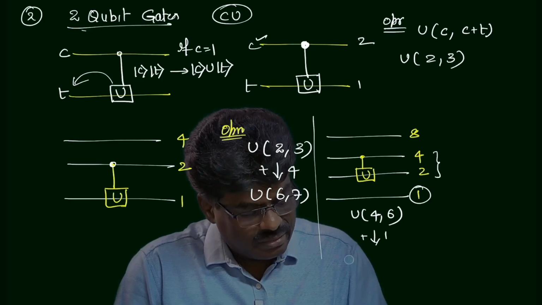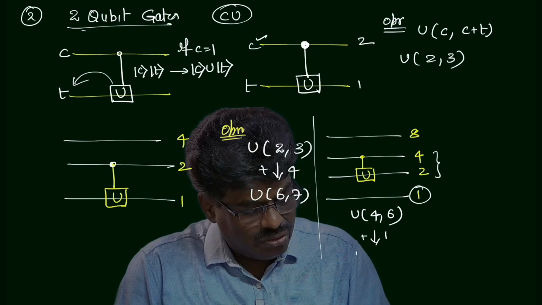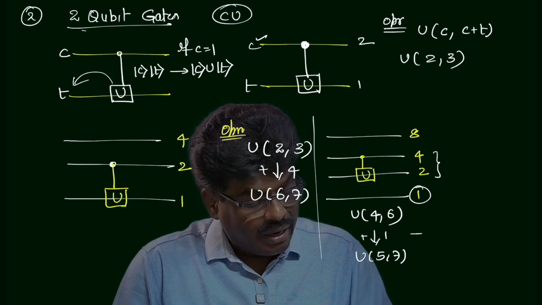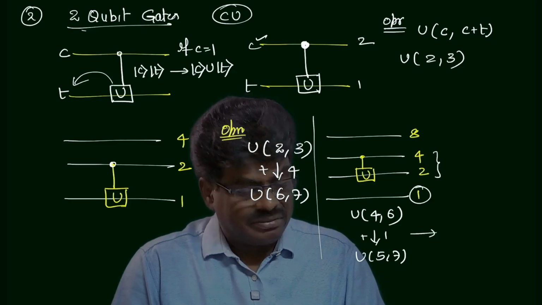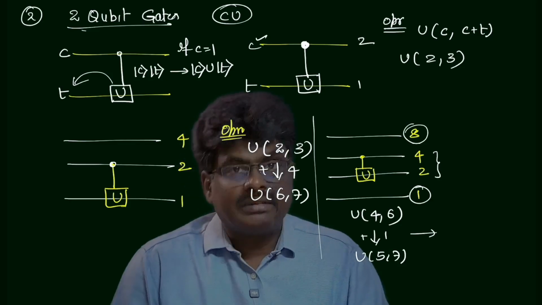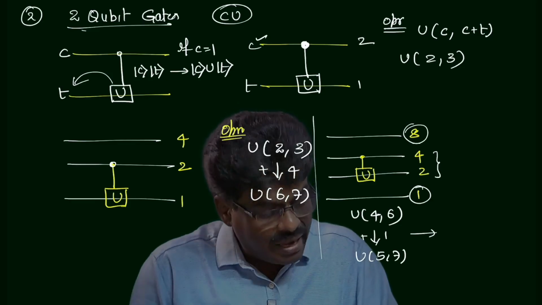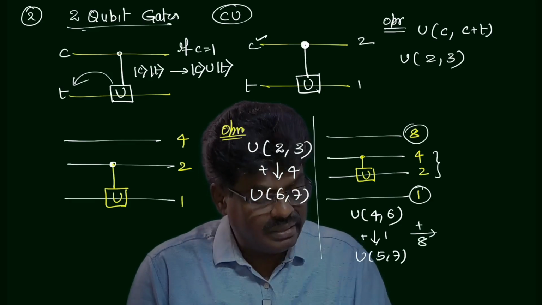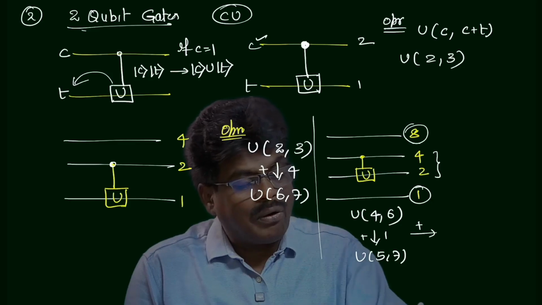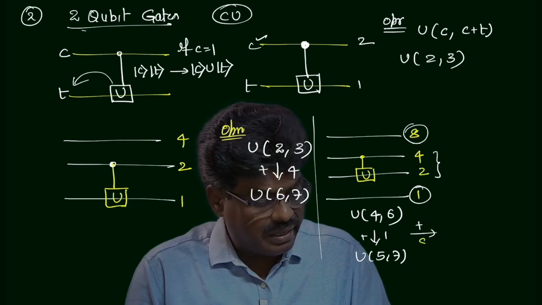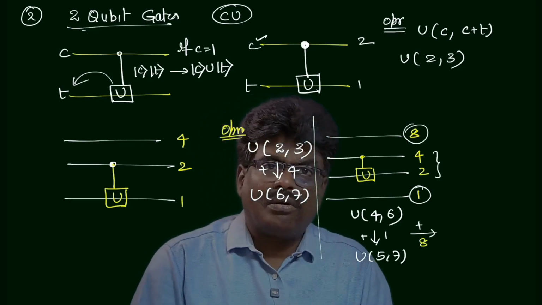Then it is U of 5 comma 7, and this is important. Whatever the remaining decimal state we have, you have to add that 8 to all the earlier states.